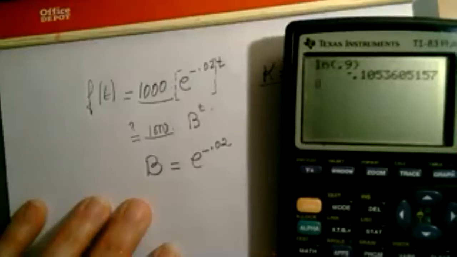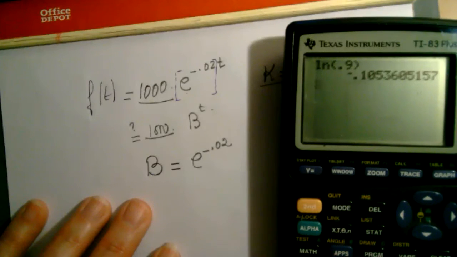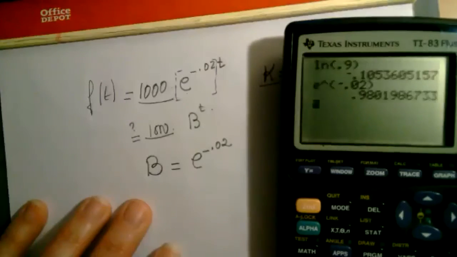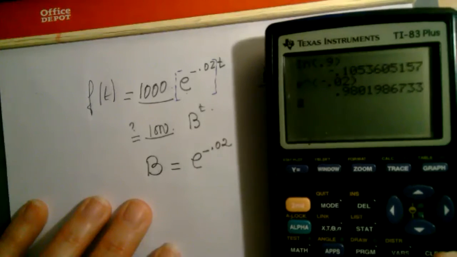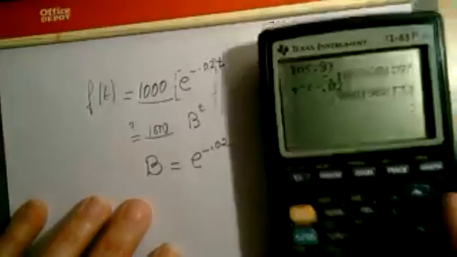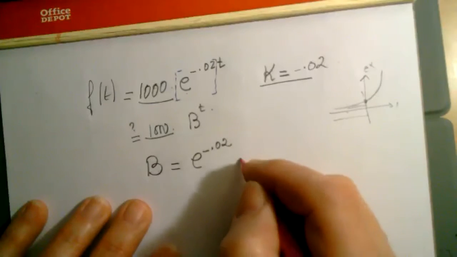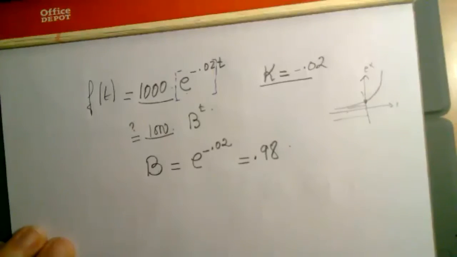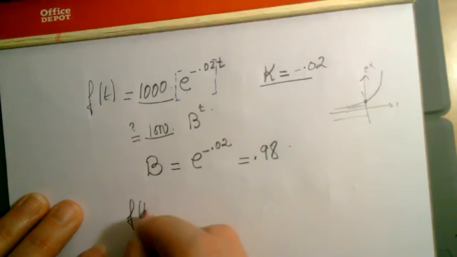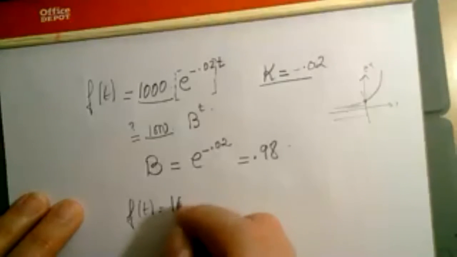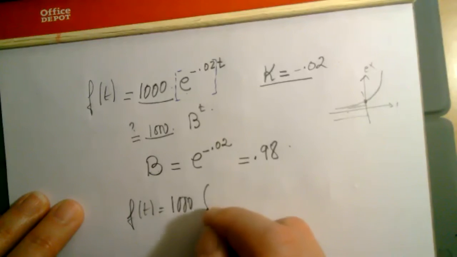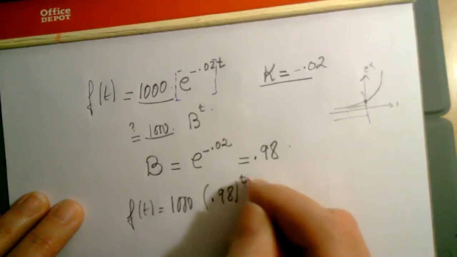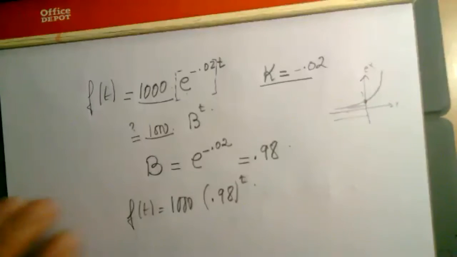And unless I'm goofing, I'm getting 0.98. So with this in mind, my function f of t will be equal to 1000 times 0.98 to the power t.